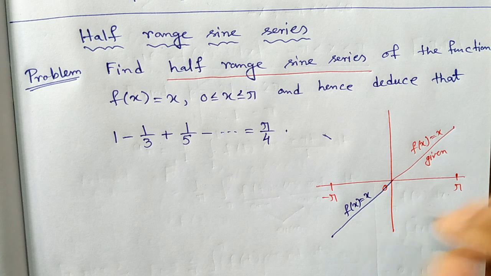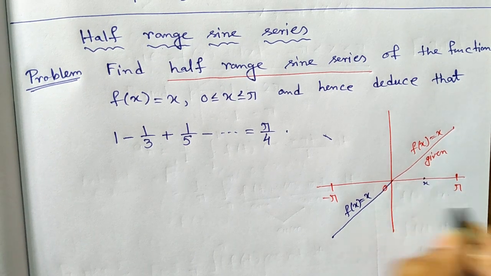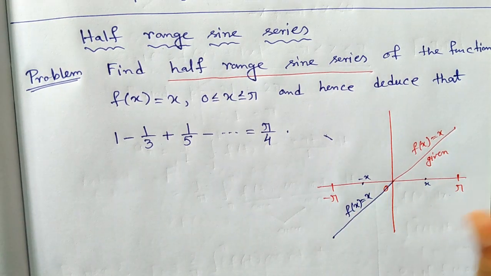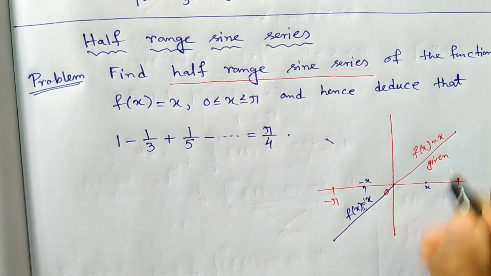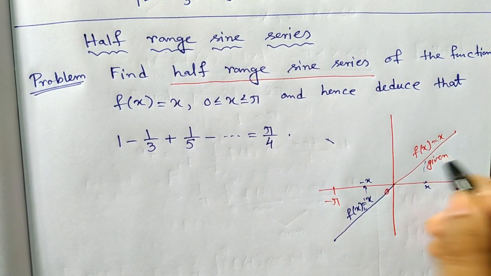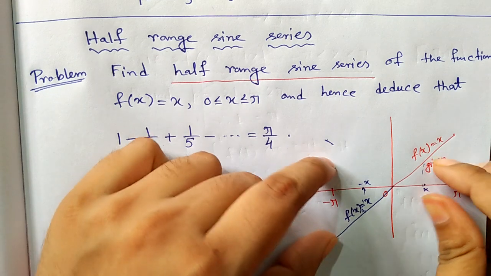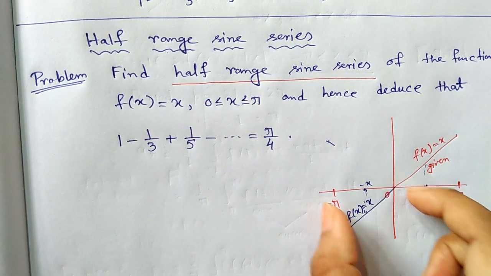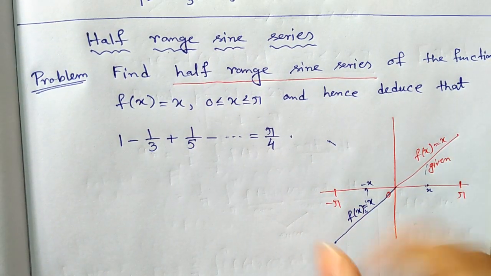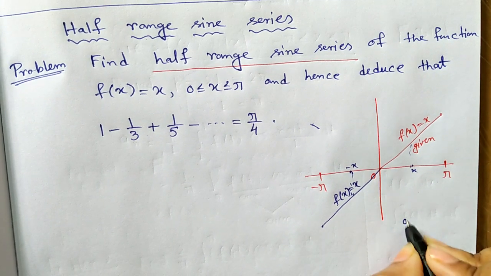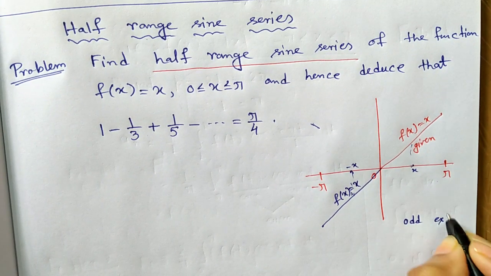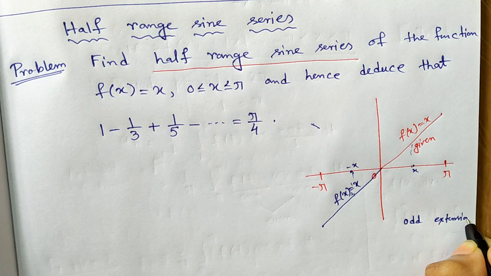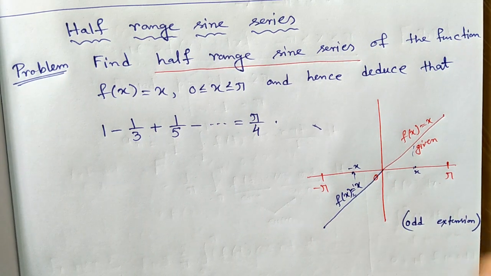It is odd because take any point x, then this is minus x. So this value f(minus x) and this value f(x) are the same in magnitude but opposite in sign. So this function is odd. Therefore the extension is an odd extension. Right?